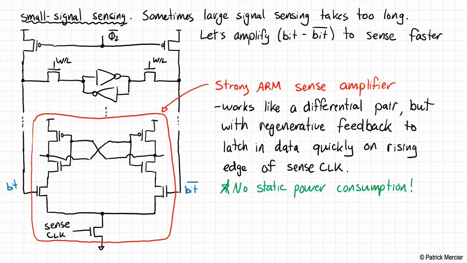Okay, and the reason for that is, most of the time sense clock has not been activated, but even when it is activated, once the cross-coupled inverters latch out to a static logic value, these are inverters, right? And so there's no static current flowing through inverters. So even when sense clock is activated, once the decision has been made, there's no more static power going on here. So this is a major advantage over what we'd have with a normal differential amplifier, as an example.